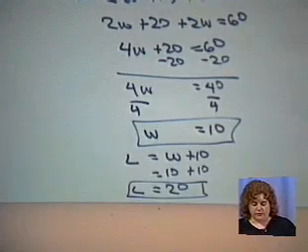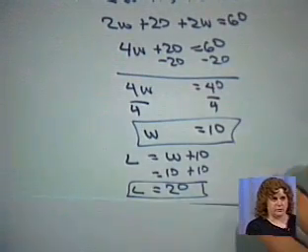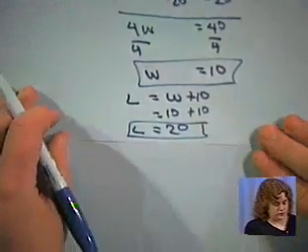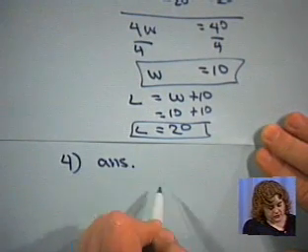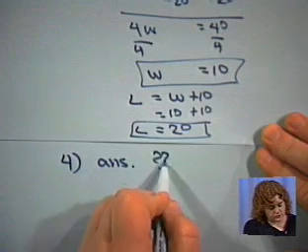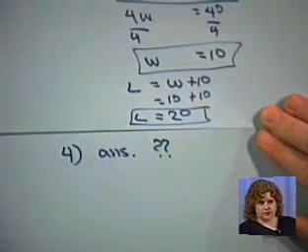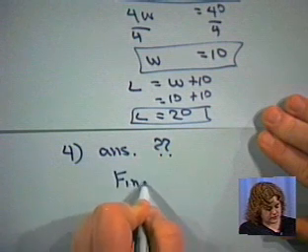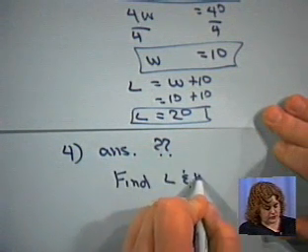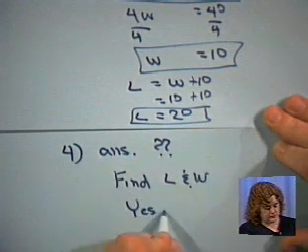We need to ask ourselves, did we answer the question? Well, you look back and you see that you circled, I'll put A and S for answer and 2 question marks for the question. Did we answer the question? The question was find length and width. So yes, we answered it.